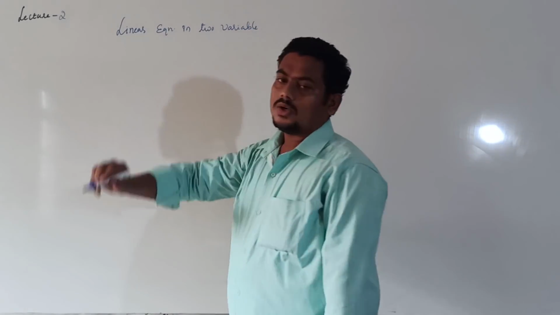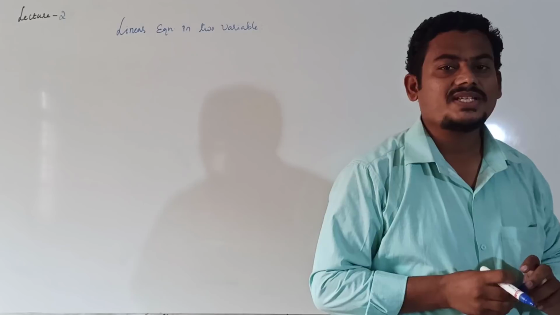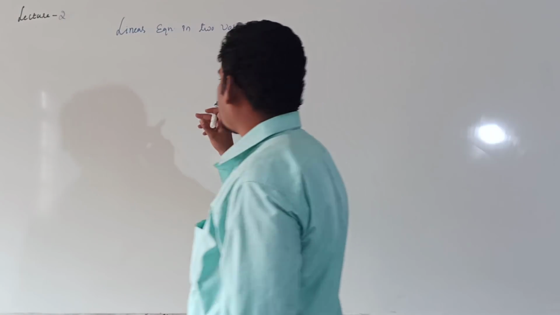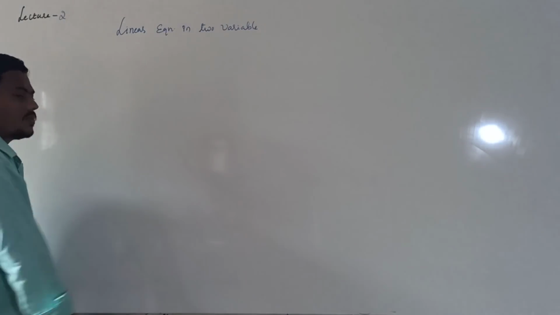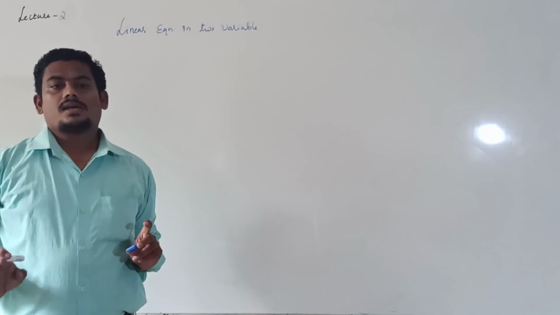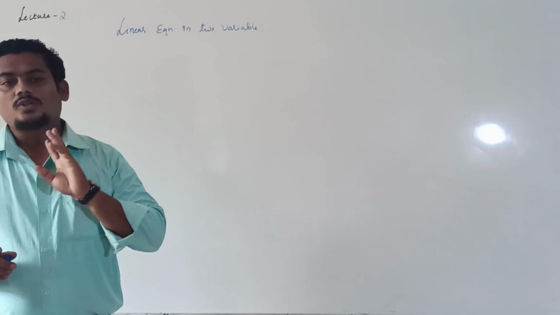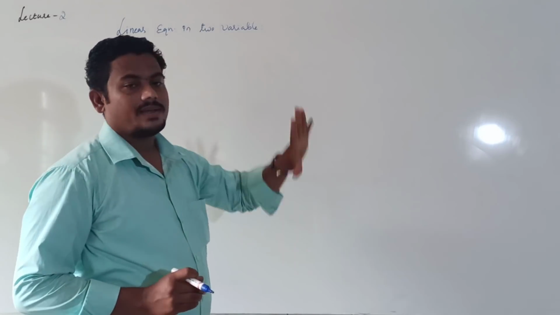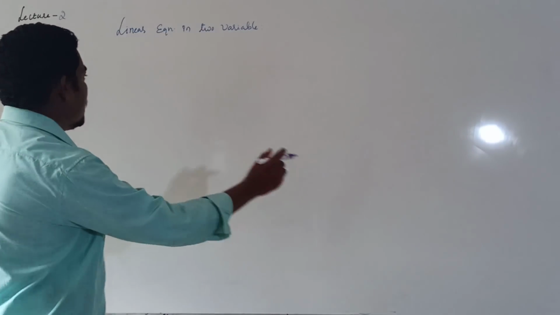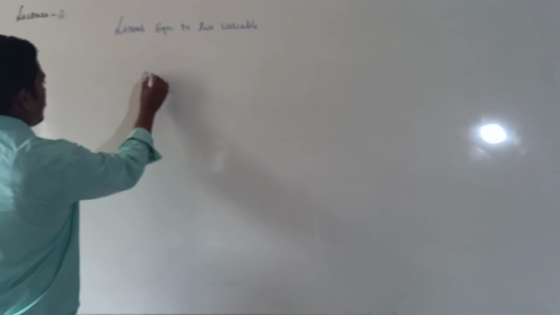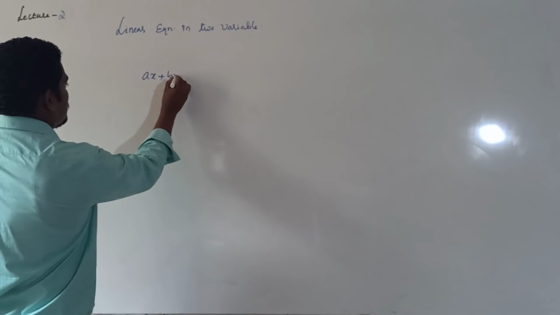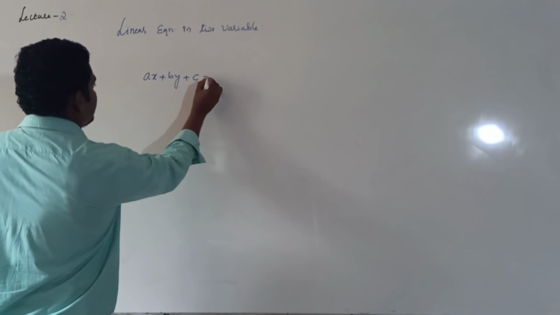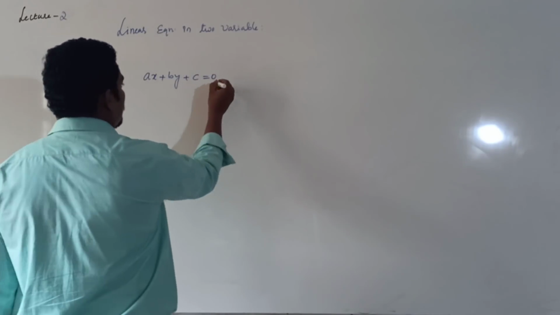Linear equation in two variables. Its definition is an equation of the form linear in two variables.